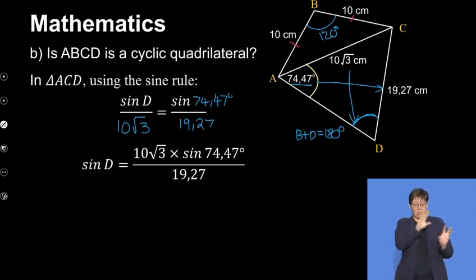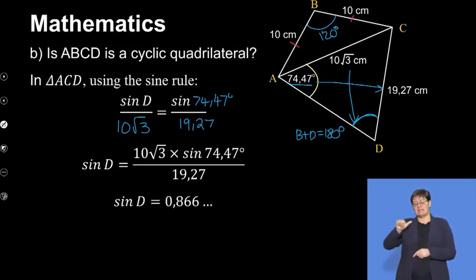We're going to put this whole expression into the calculator, which is pretty simple. Your calculator will give you an answer of 0,866. Remember, you can't round off at this point. You've got to keep this answer in memory. And now because we're finding sine of D, we need to use our shift sine on our calculator to find the value for D itself. If D is 60, because remember that's what we're looking for, then we know we have a cyclic quad.